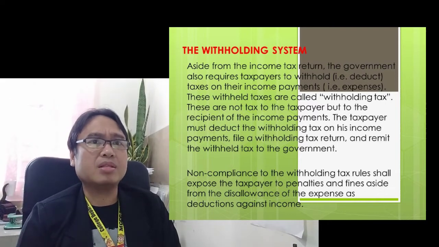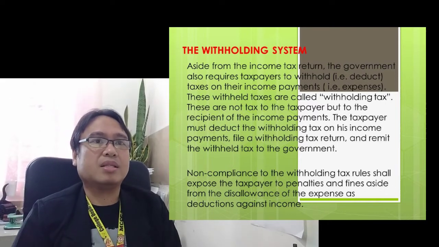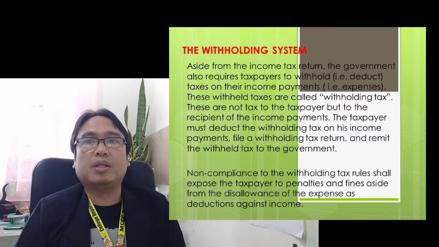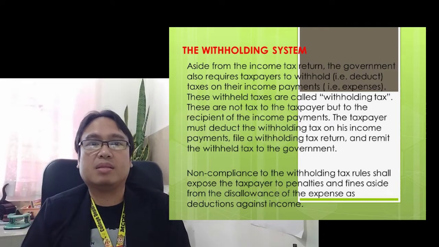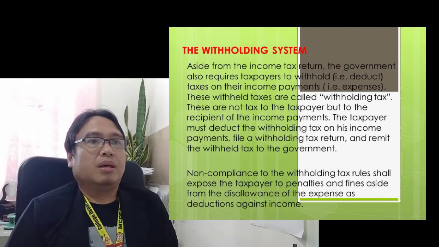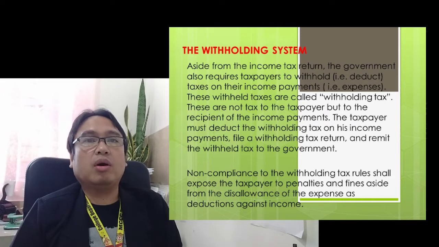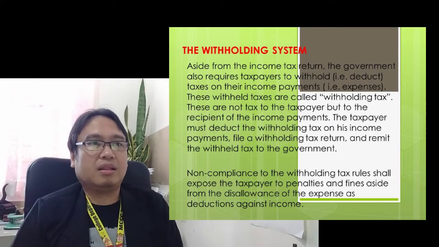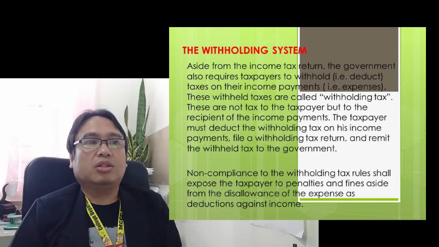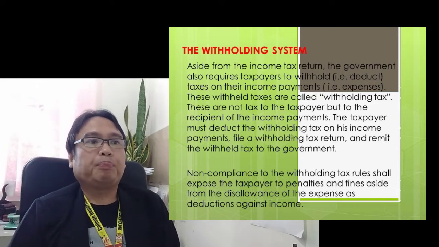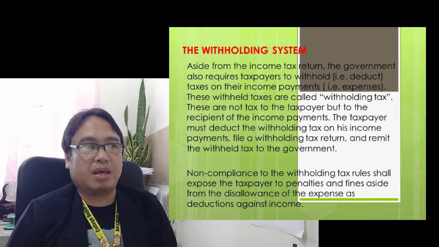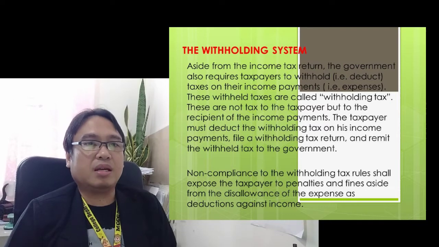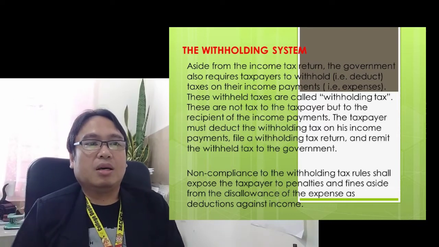Aside from the income tax return, the government also requires taxpayers to withhold, or deduct, taxes on their income payments. These withheld taxes are called withholding tax. These are not taxes of the taxpayer but of the recipient of the income payments. The taxpayer must deduct the withholding tax on his income payments, file the withholding tax return, and remit the withheld tax to the government.